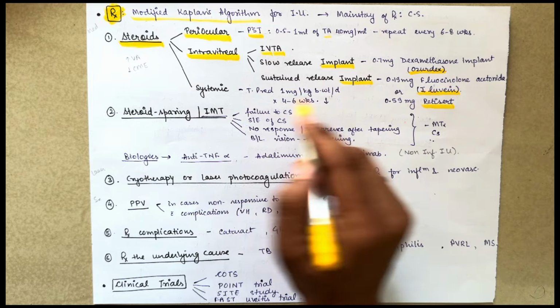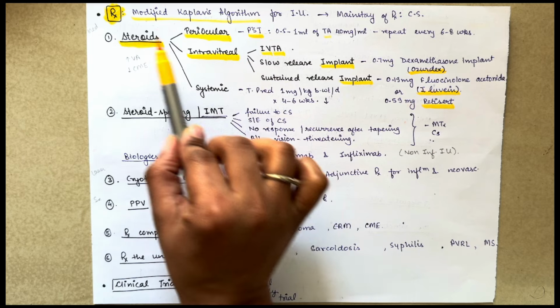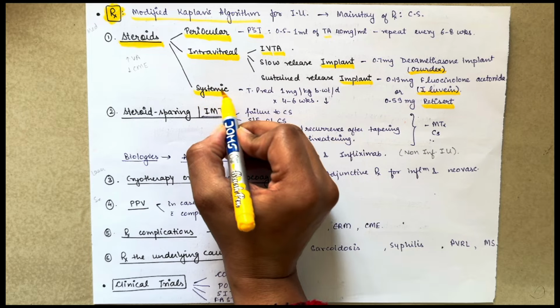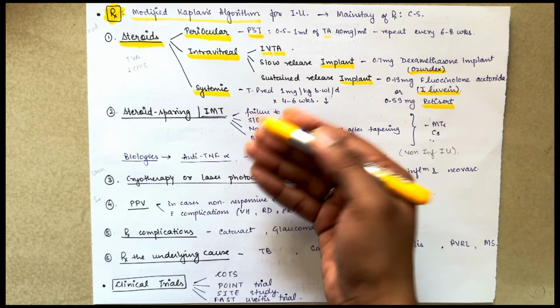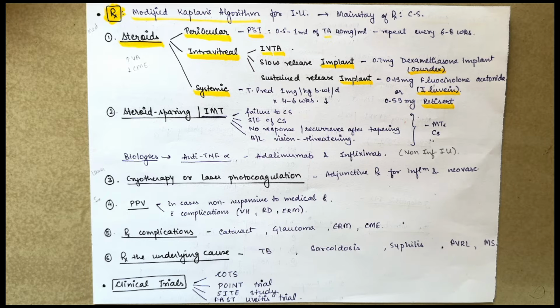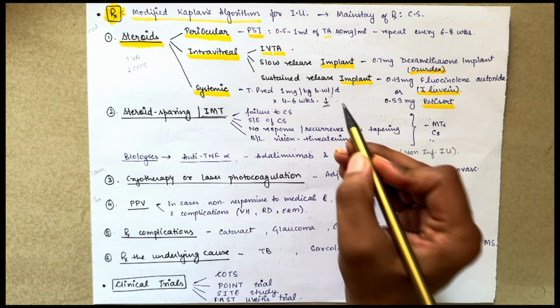So remember that these are the ways you can give steroids intravitreally to the patient. Now, systemic, everybody is aware that oral prednisolone can be given 1 milligram per kg body weight over 4 to 6 weeks with tapering doses.